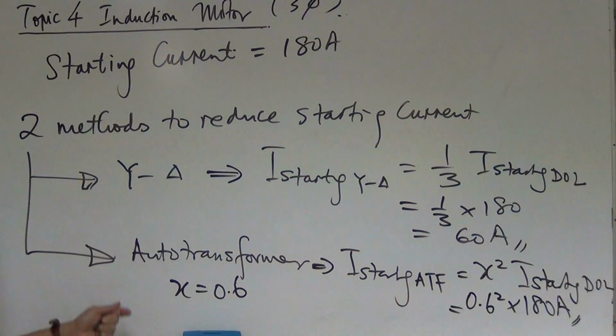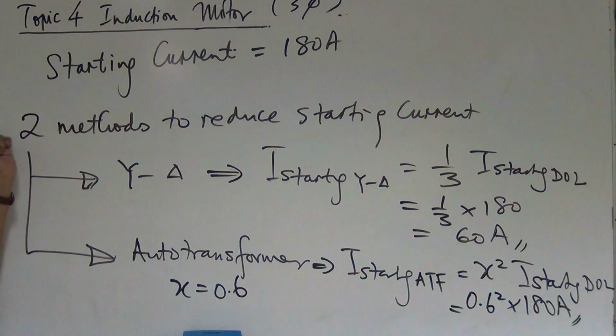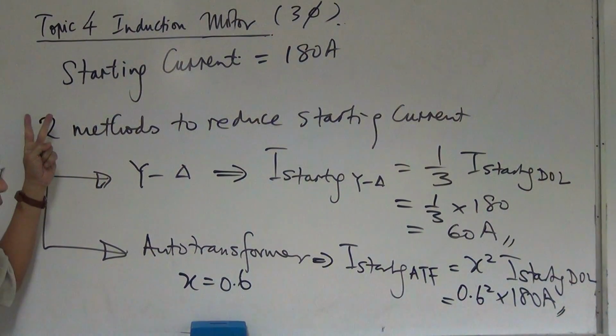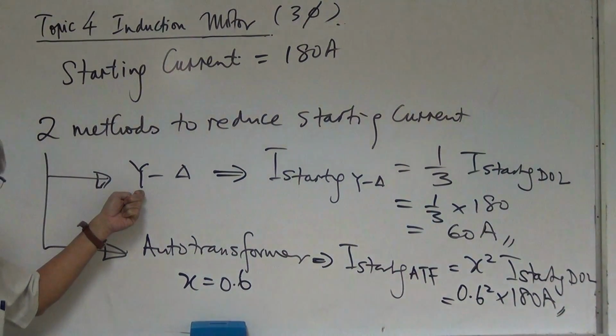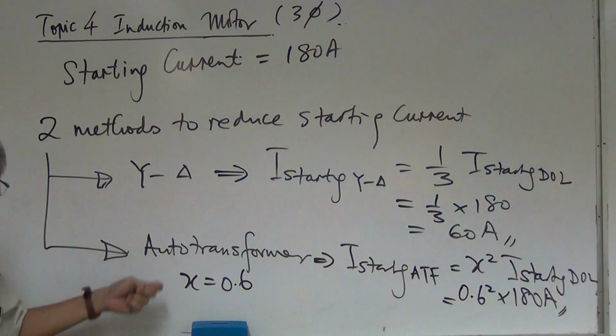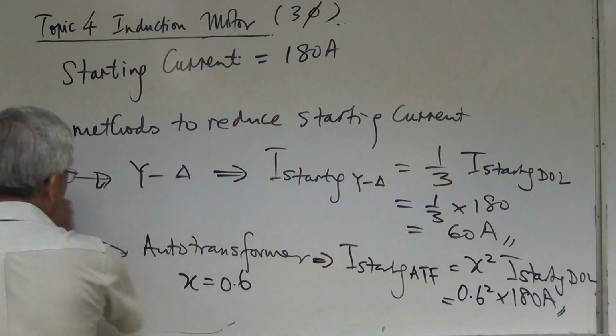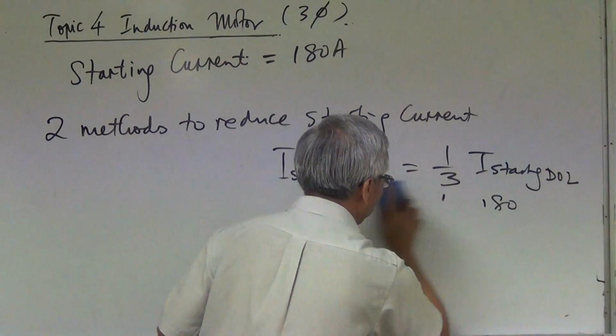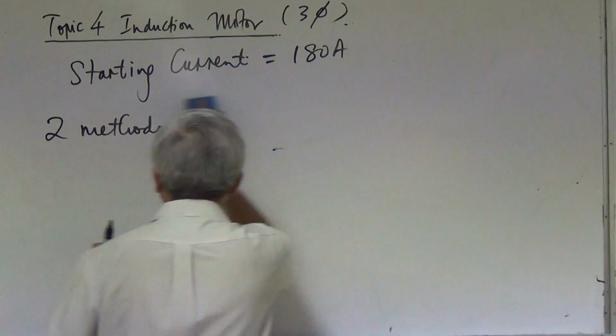Okay, alright, recap. How many methods are there to reduce the starting current in the induction motor? Two methods. They are the star-delta method and the auto transformer method. Alright? And in the summary notes, the facts are presented to you in a ratio form.